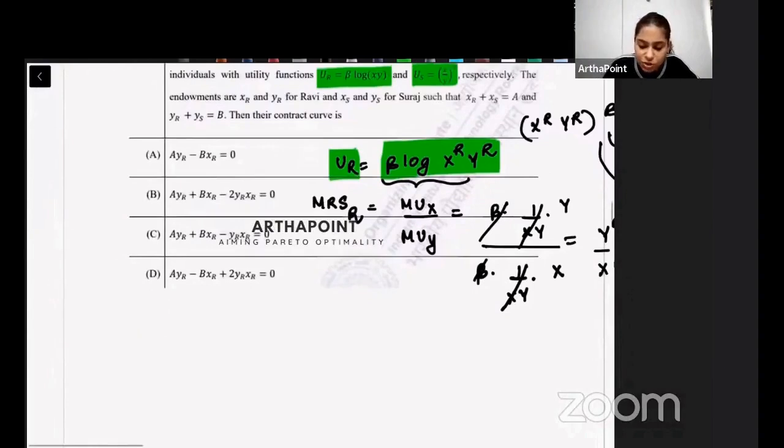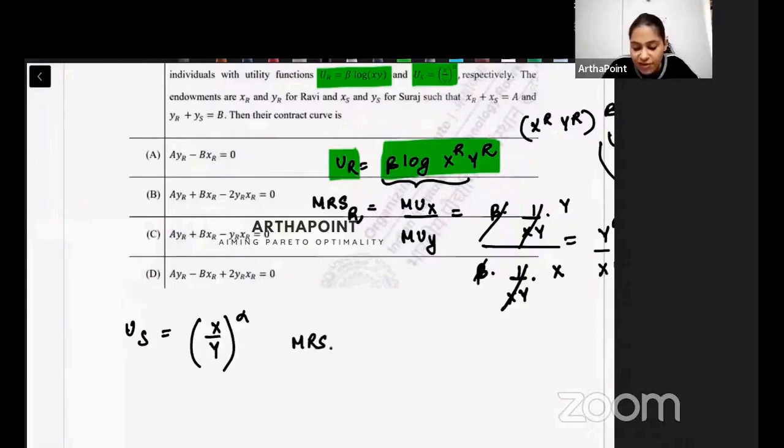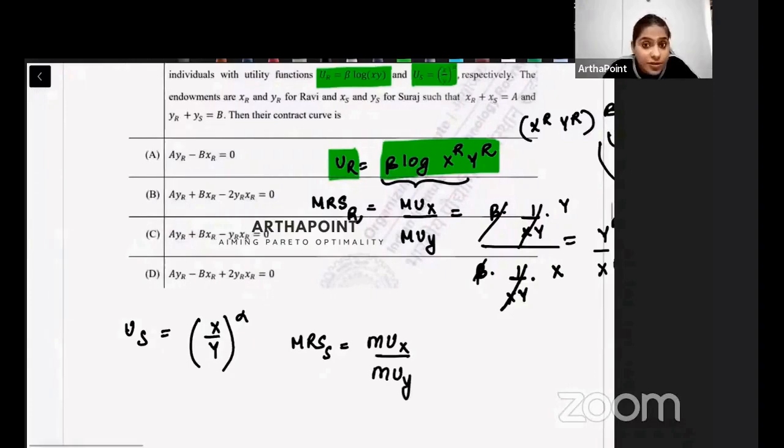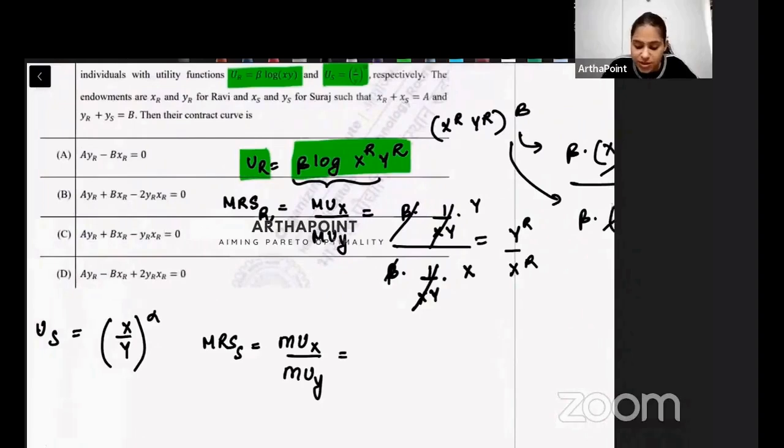Now find MRS for individual S. Again, if you look at this utility function, US, this is xy to the power alpha. If you want, you can take log and simplify it, or you can do this directly, up to you. So what is going to be MRS of S? MUX by MUY. When you differentiate this with respect to x, what will you get? Alpha x by y to the power alpha minus 1, into 1 by y.